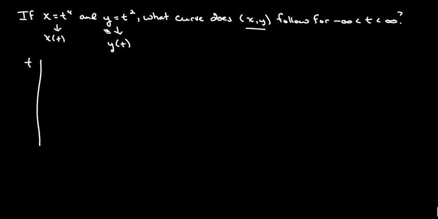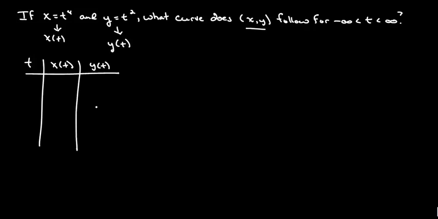Then we have x as a function of t, and also y as a function of t. So let's say t, for example, is 0.